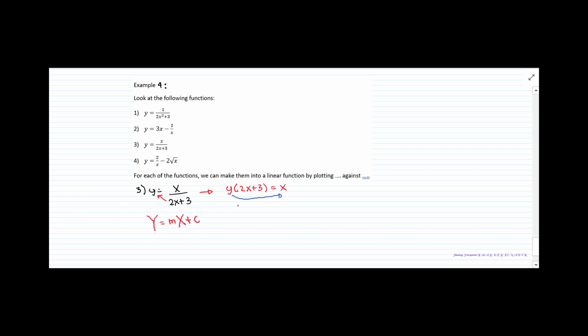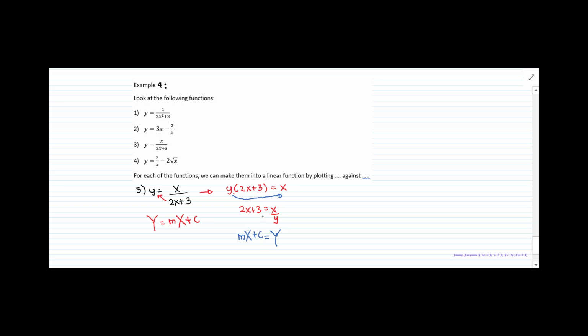So I will have 2x plus 3 without bracket because the y is already moved. 2x plus 3 equals x over y. Oh sorry, not xy, x over y, divide. Before it is multiplication, you move to the right side, it will become divide. Okay, now let's compare it again with y equals mx plus c.